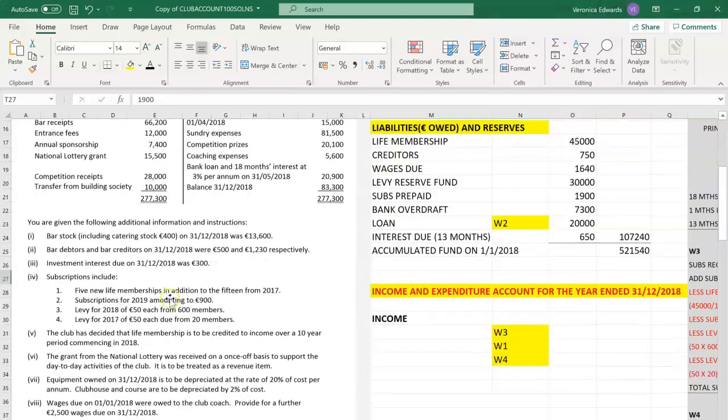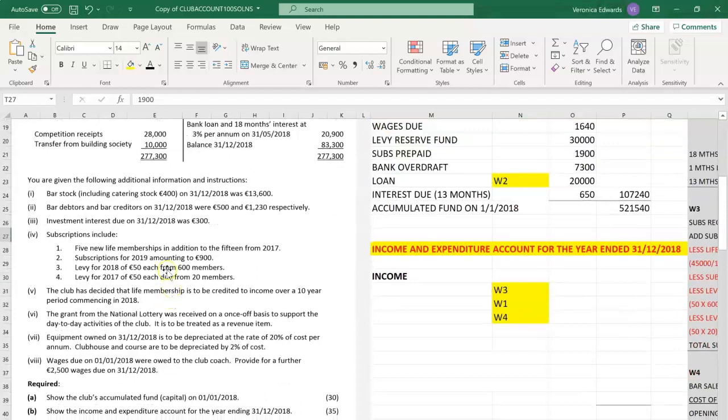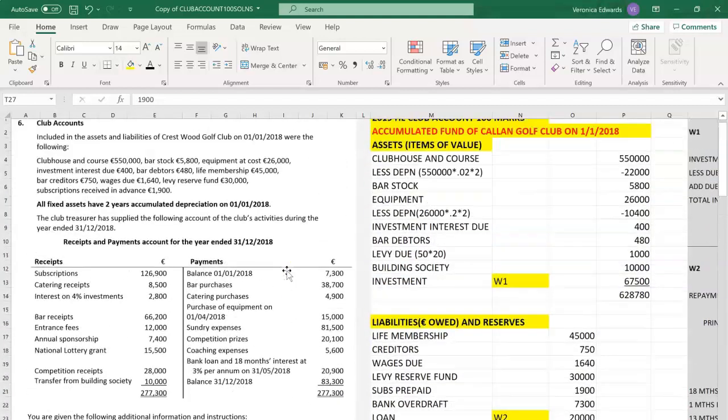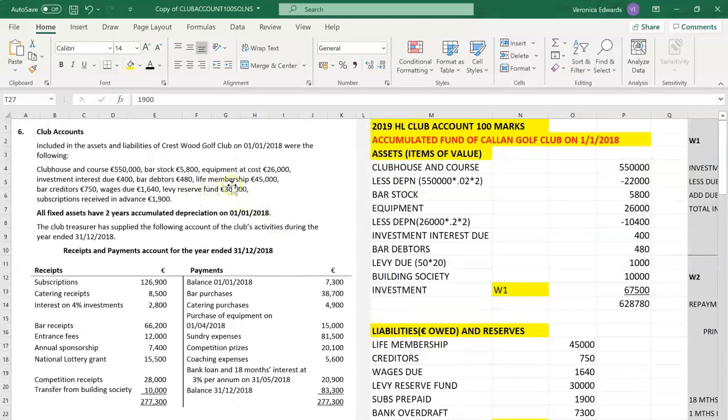Now, let's have a look down through the question and see, are subscriptions mentioned anywhere else? And you can see that they're heavily mentioned here in adjustment 4. So you're told that subscriptions actually include a number of items that it shouldn't include. First of all, it includes 5 new life memberships in addition to the 15 from 2017. So remember at the beginning of the year you had already collected life memberships of 45,000.